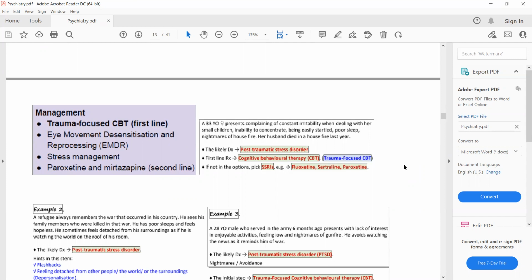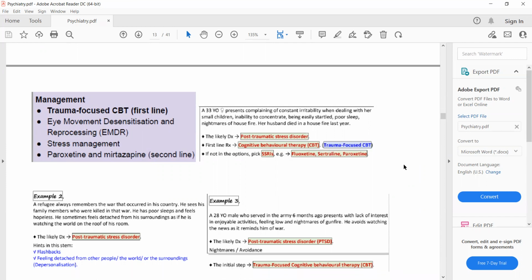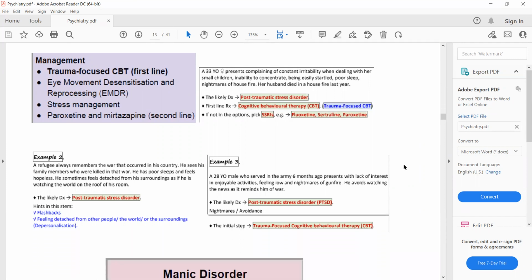Let's do some examples of post-traumatic stress disorder. A 33-year-old female presents complaining of constant irritability when dealing with her small children, inability to concentrate, being easily distracted, poor sleep, and nightmares of a house fire. Her husband died in a house fire last year.